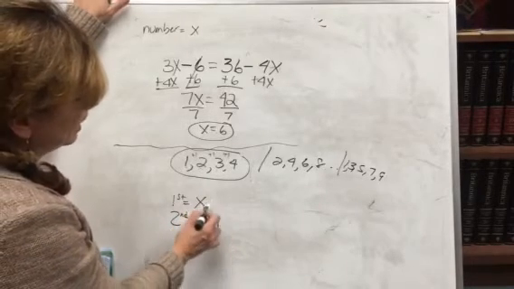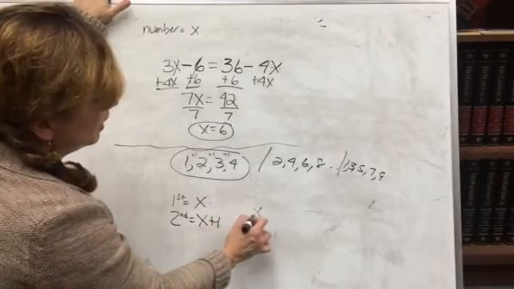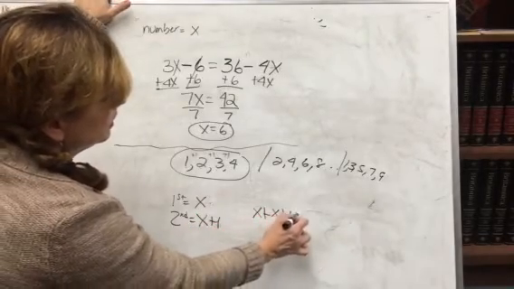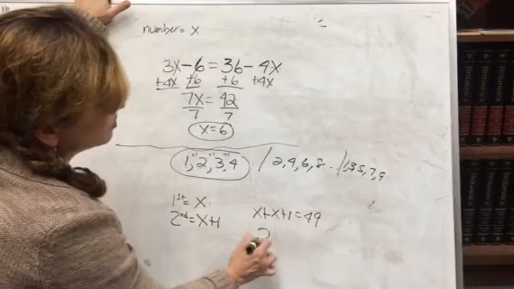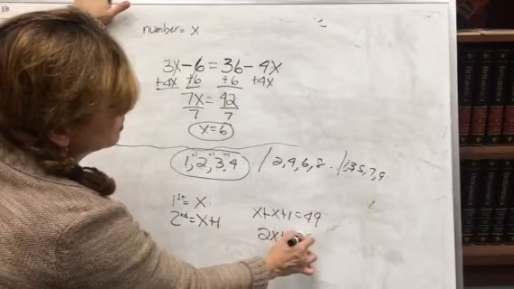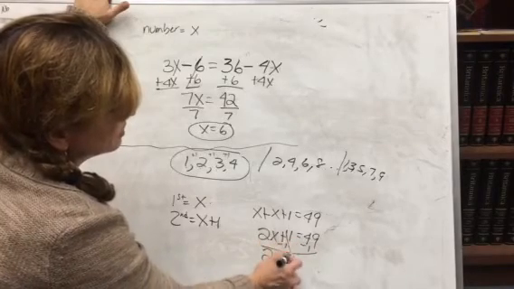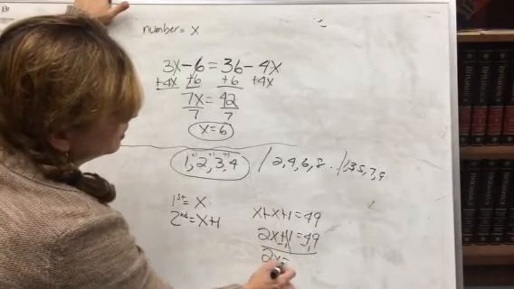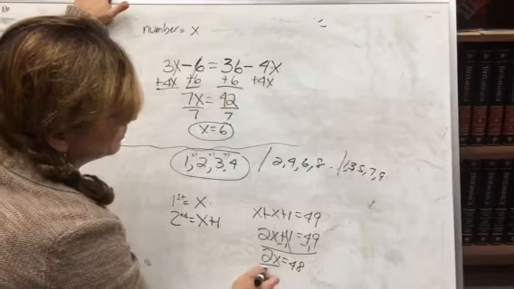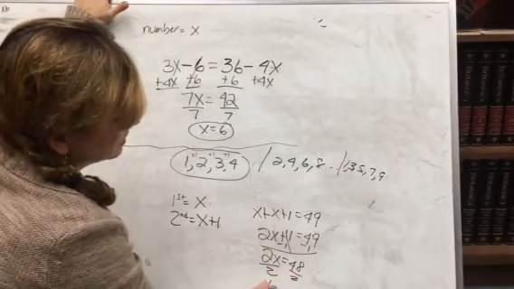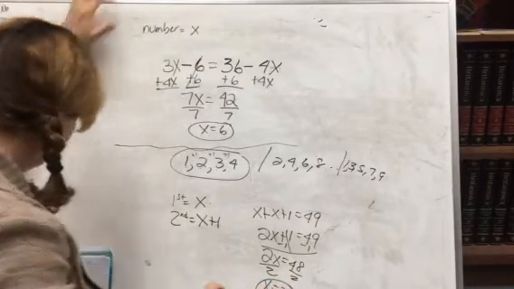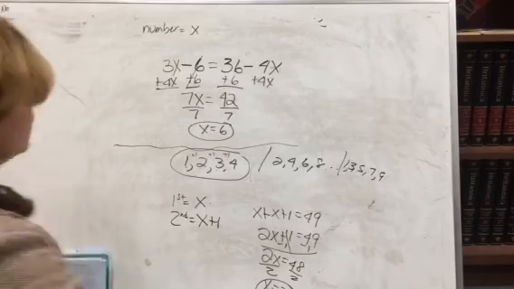Sum means add, so x plus x plus 1 equals 49. So 2x plus 1 equals 49. Subtract 1 on both sides. 2x equals 48. Divide by 2, and x equals 24. So that's how you do that one.